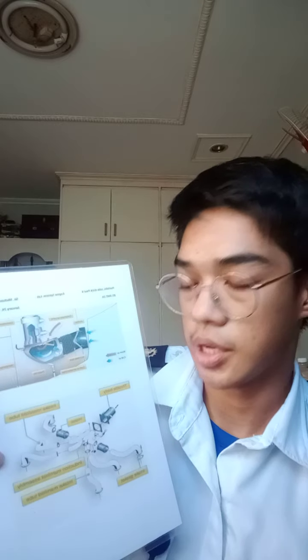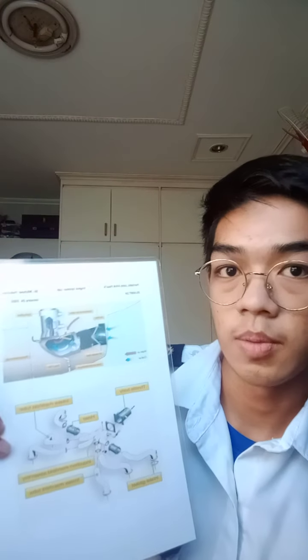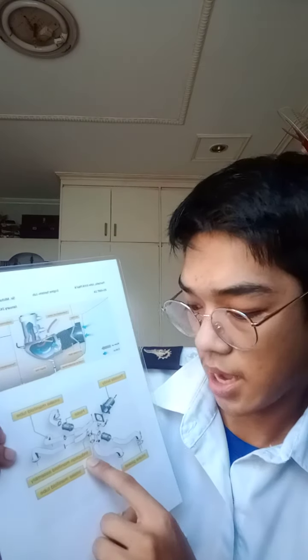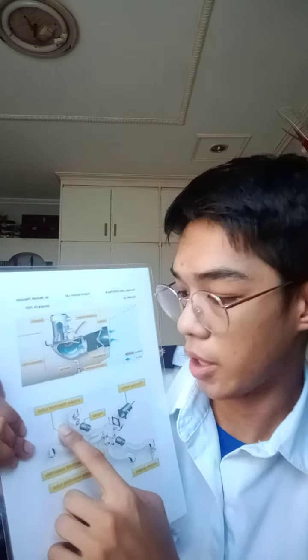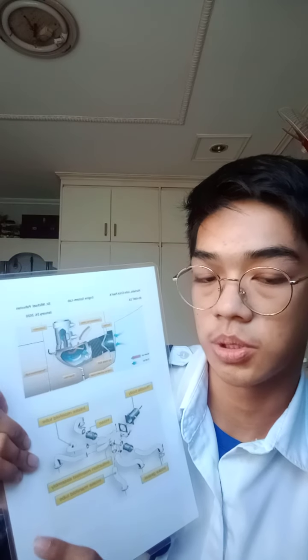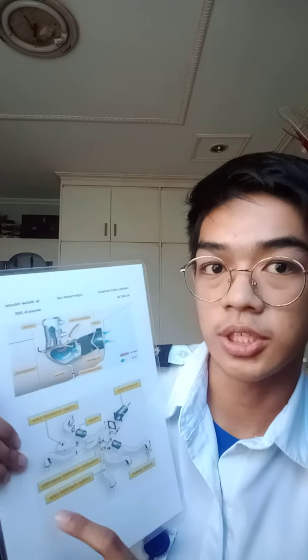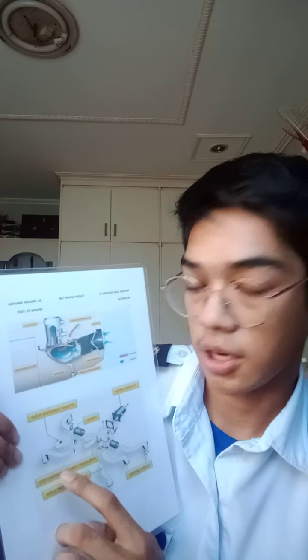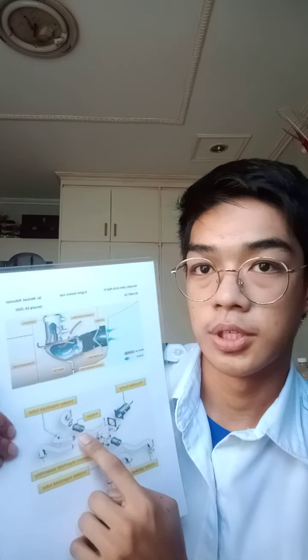The intake gasket seals the intake manifold to the engine. The intake manifold tube is where the fuel and air mixture comes through, supplying each cylinder for internal combustion. And the hose is to secure the intake system to remain airtight.